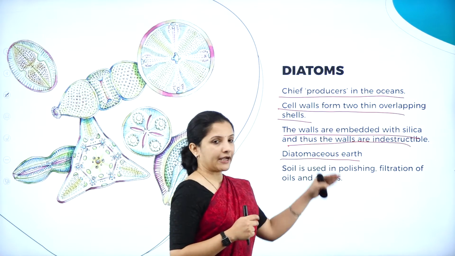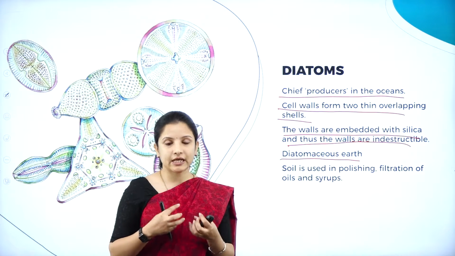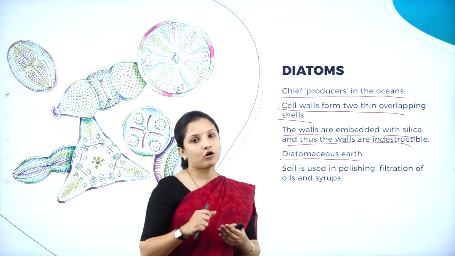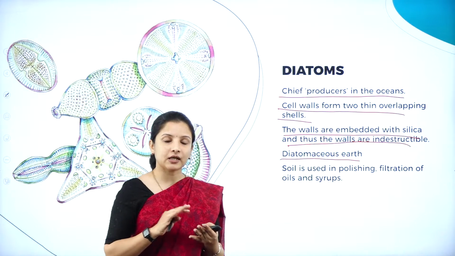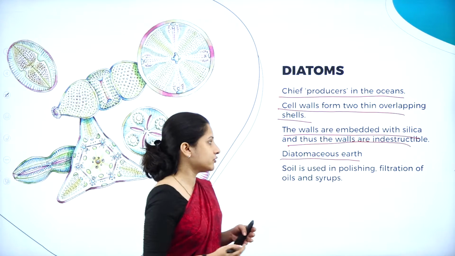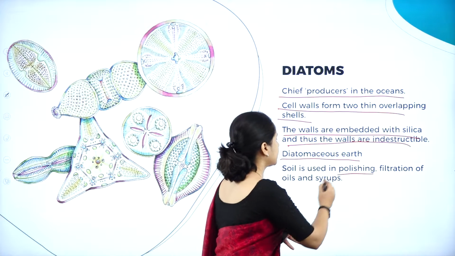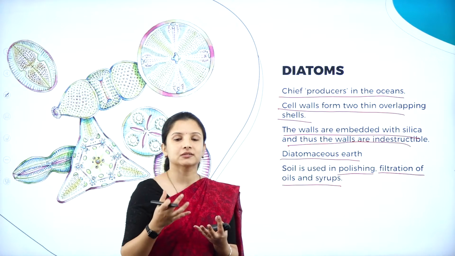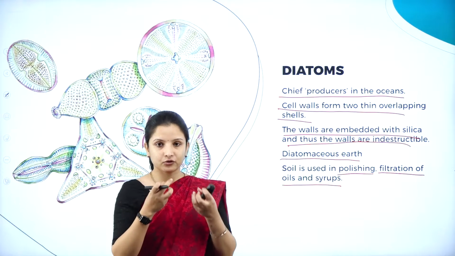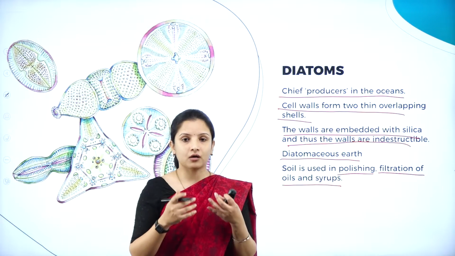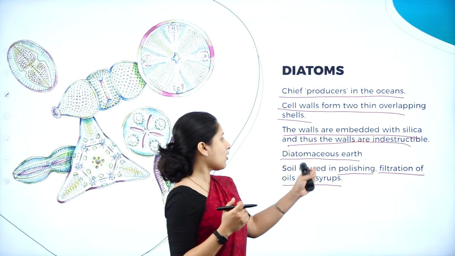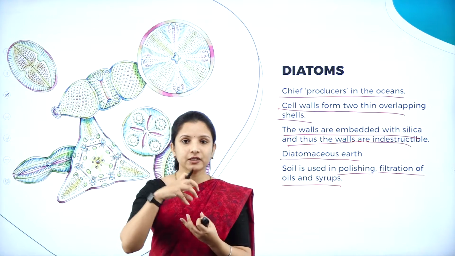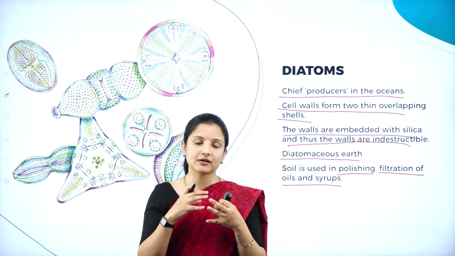And this diatomaceous earth, the soil which is rich in silica, is used for polishing. Certain artifacts and so on are polished with it. It is also used for filtration of oils. Since it is porous and has the capacity to filter or refine oil, it is used for filtering oil and also for filtering syrup.